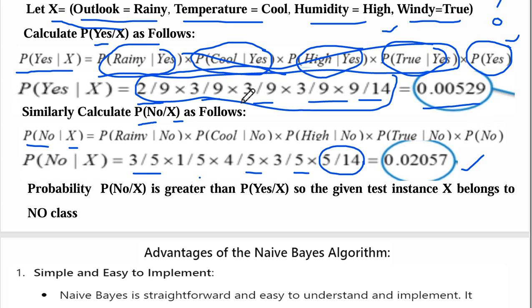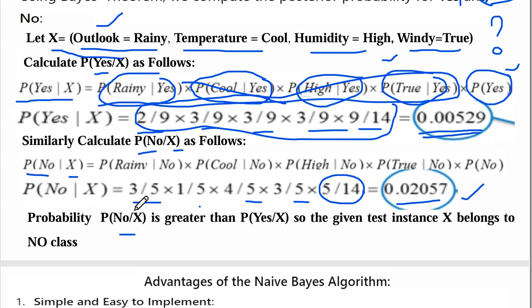So this is the posterior probability of the yes class, and this is the posterior probability of the no class. From these values, the posterior probability of no given X is greater than the posterior probability of yes given X.